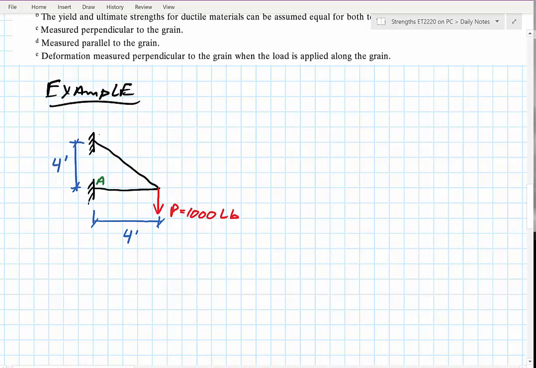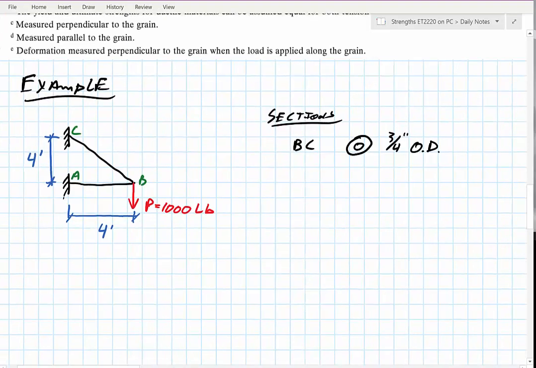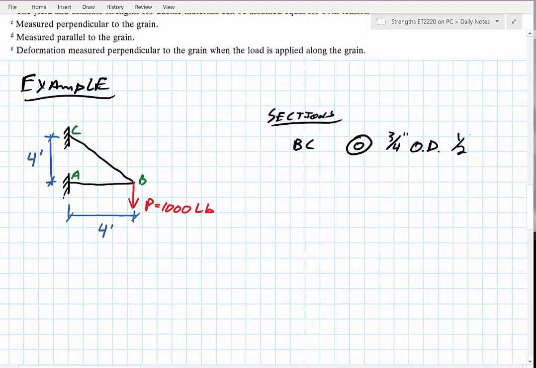We'll call these points A, B, and C, and we're going to have different sections in here, or cross sections. BC is going to be like a hollow pipe with a 3/4 inch outside diameter and a 1/2 inch inside diameter.